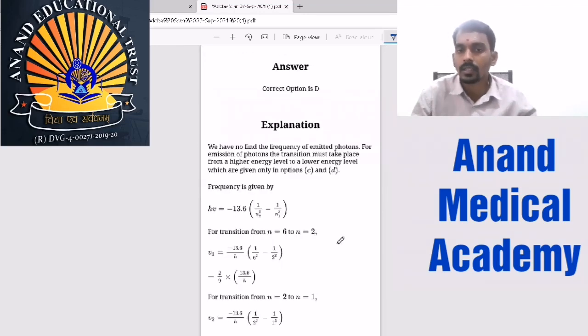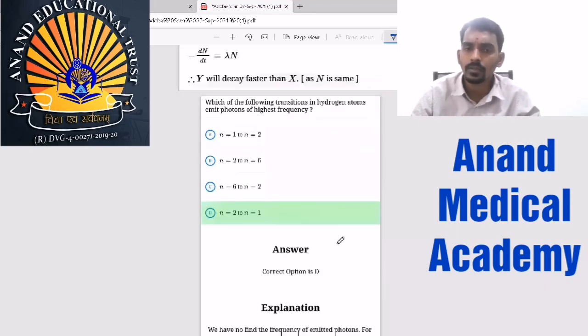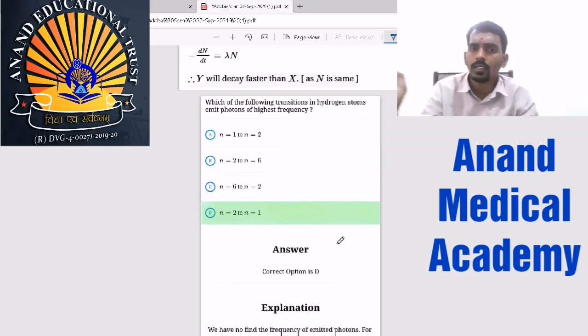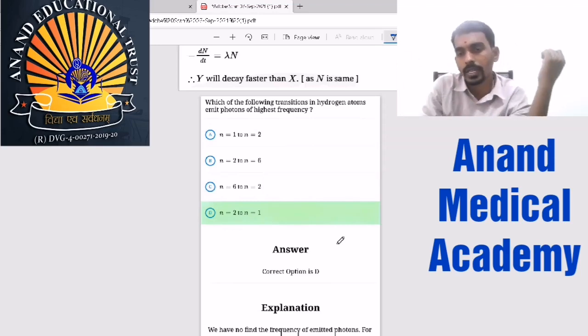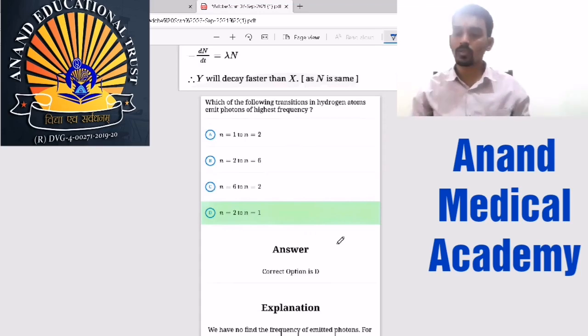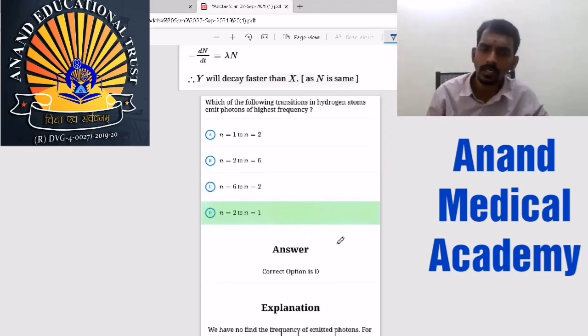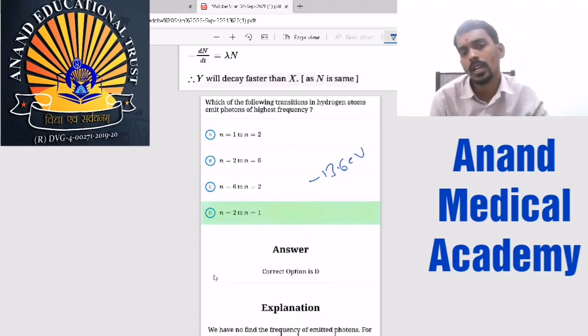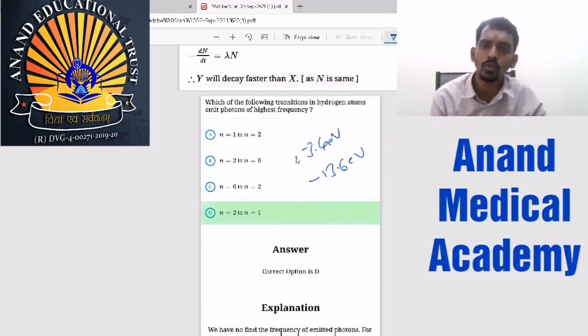Here they have given a clear explanation of how to compare and do them, because you have to check with the equations. Energy should be more for any transition that comes to the ground state. For any excited state coming to the ground state, that will have greater energy, because the ground state energy is minus 13.6 electron volt and the next energy is minus 3.4 electron volts.